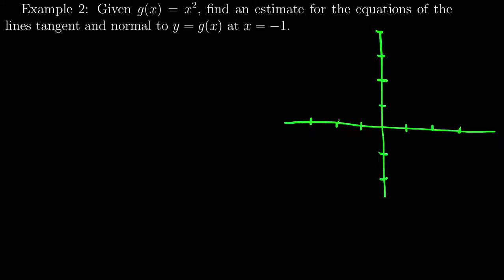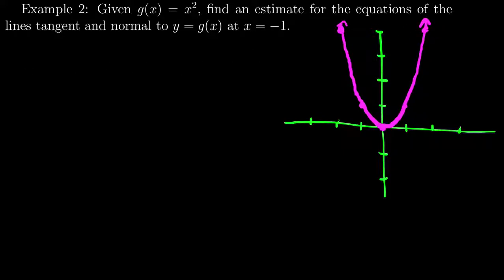Getting the graph correct is a big portion of this. So we have negative 1, 1, negative 2, 4. We have 1, 1, and 2, 4. And so here looks like my function.